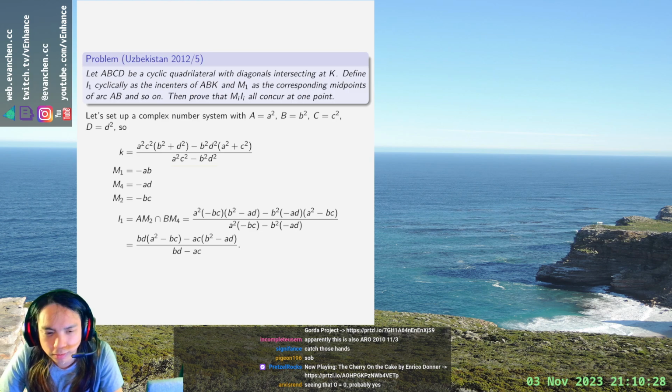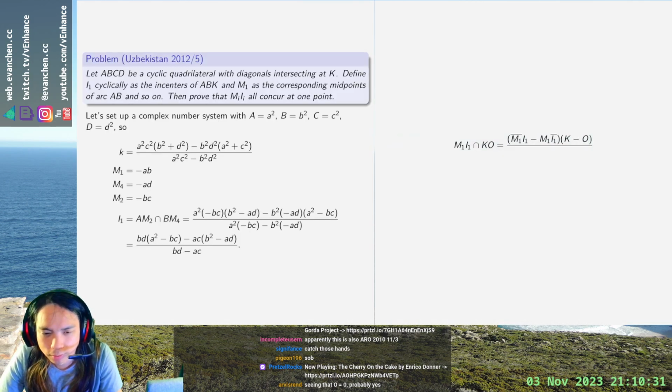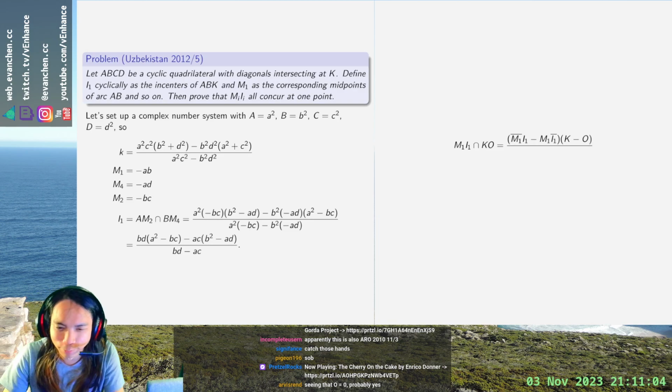A bar B minus A B bar, C minus D, minus C bar D minus C D bar, A minus B. It's A bar minus B bar, C minus D, minus C bar minus D bar, A minus B. Wow, all these years later, I still remember this stupid formula.